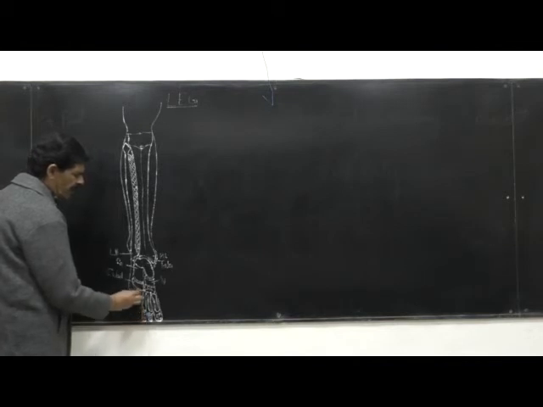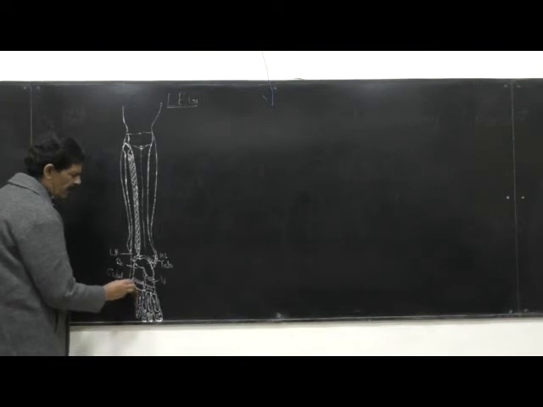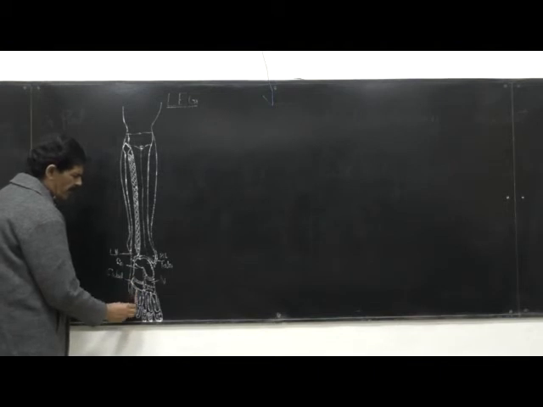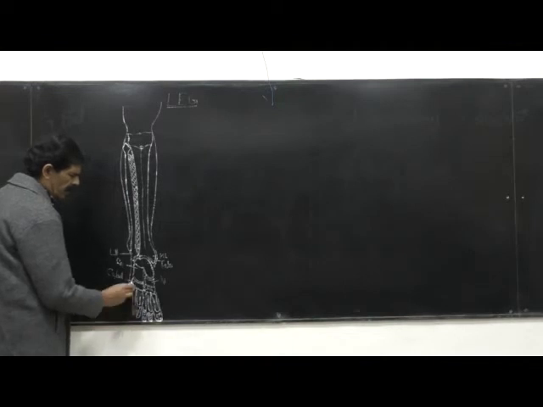Then the cuboid bone will articulate with the fourth and the fifth metatarsal, having the three phalanges, and the lateral part of the cuboid articulates with the fifth metatarsal, the little finger with the three phalanges, and the base of the fifth metatarsal has a tuberosity on the lateral part of the base.